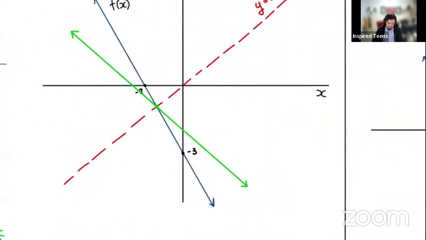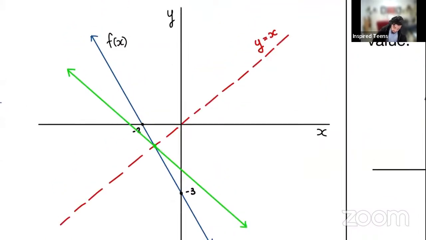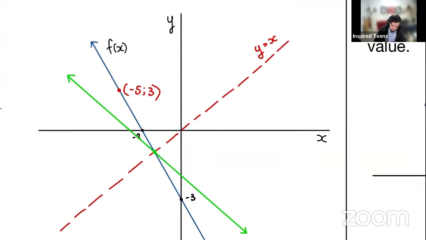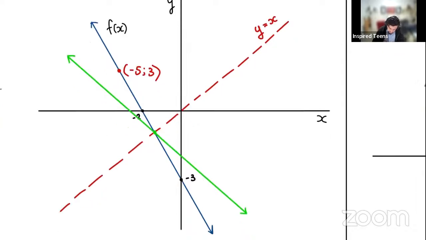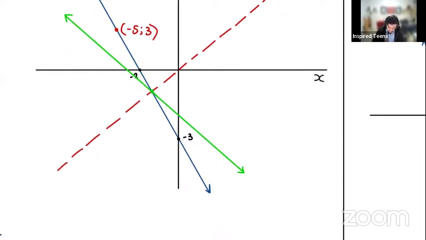Okay, it doesn't matter as long as it's the opposite. What I mean by that is if I have a coordinate here, let's just call it, what can this be? -5 and 3. Okay, its image, so this is on the regular function. The image of this coordinate would be on the inverse and would be 3 and -5. I know that. That's always true. So I can also just simply plot 3 and -5.